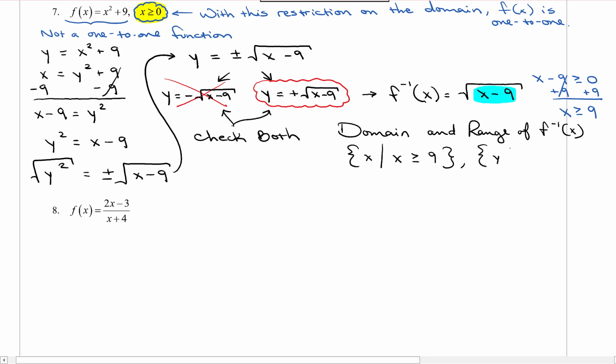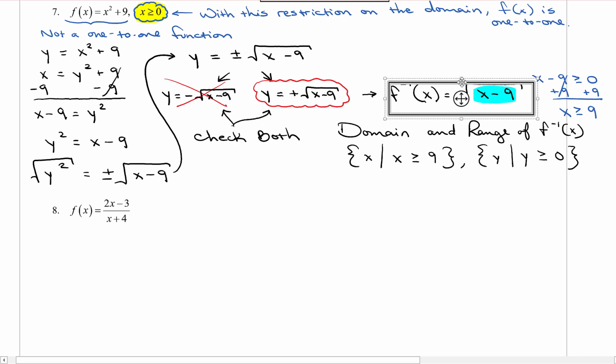So our domain is the set of all x such that x is greater than or equal to 9, and the range is the set of all y such that y is greater than or equal to 0.